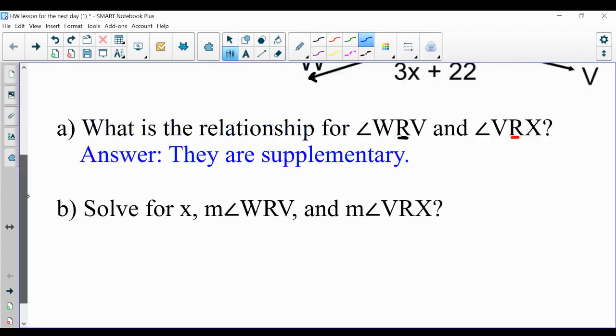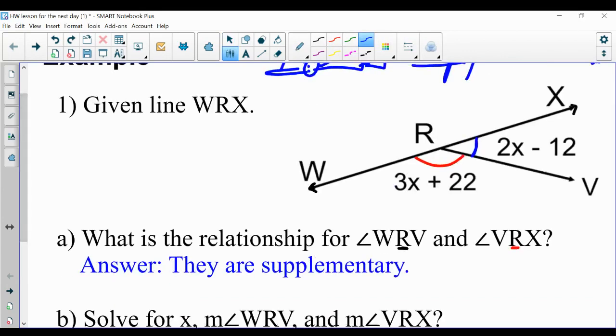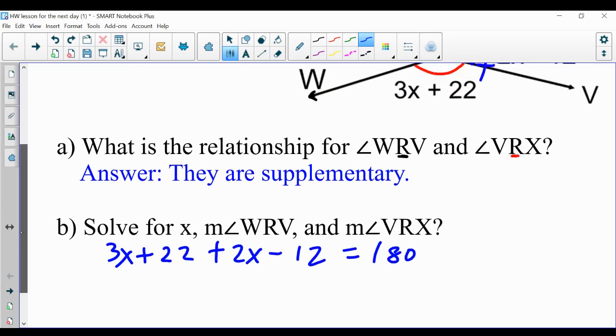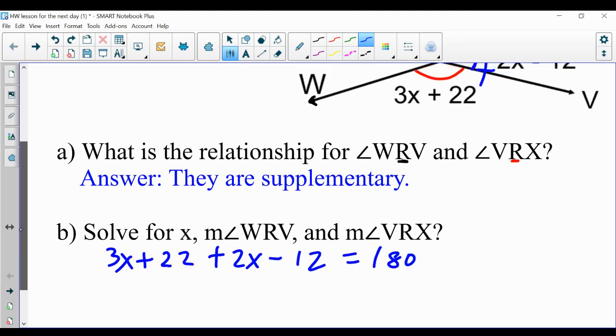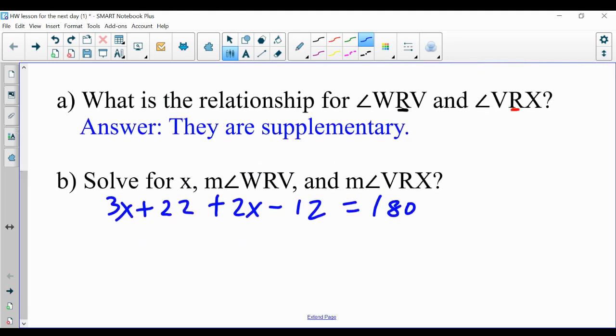So we have 3x plus 22 plus 2x minus 12 equal to 180. I always double check that I have the right equation. 3x plus 22 plus 2x minus 12. Yes. Okay, so now we are back to solving equations.